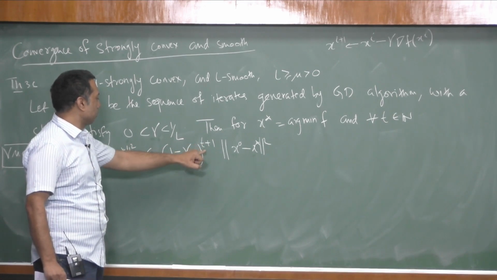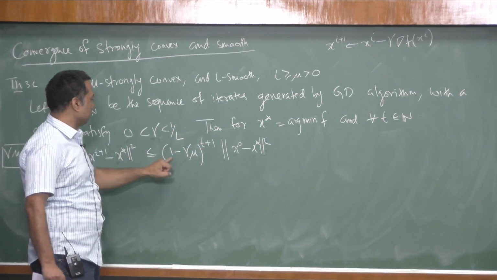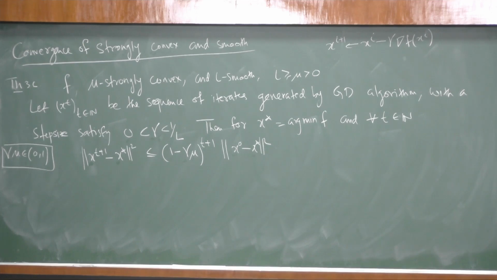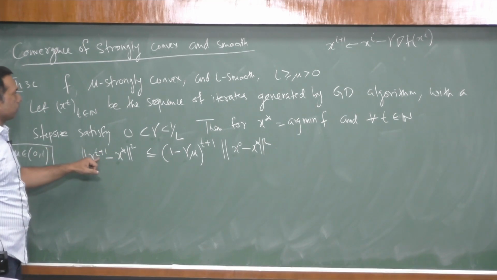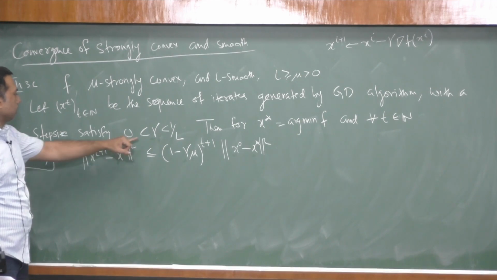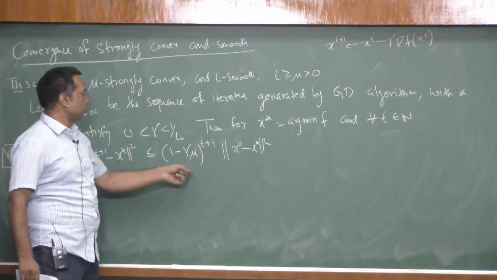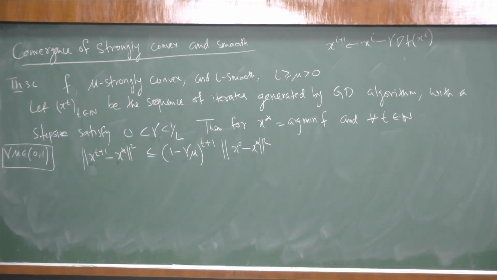As t increases, it keeps decreasing and eventually becomes 0. So as you run gradient descent with gamma like this, you will converge because the right hand side goes to 0. That provides the guarantee that the algorithm converges.